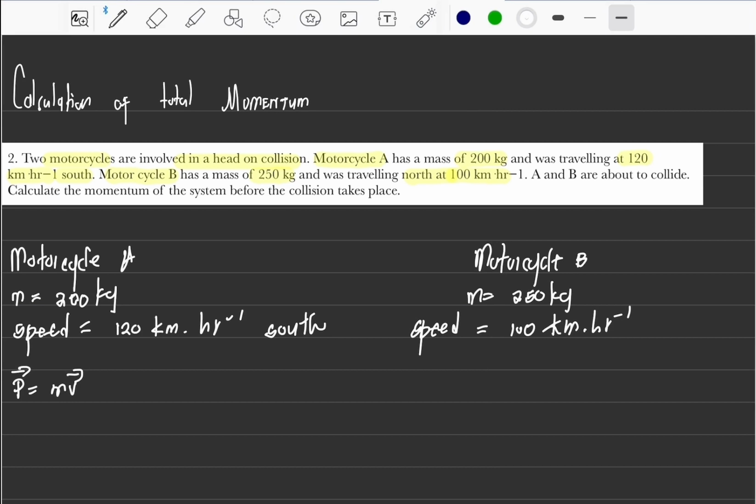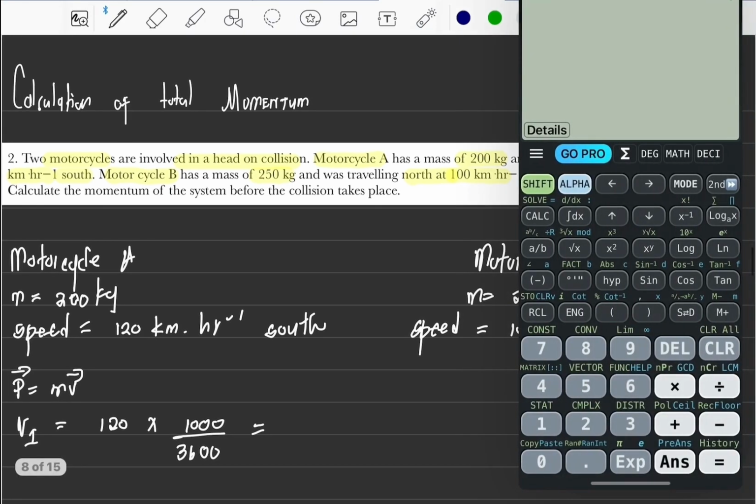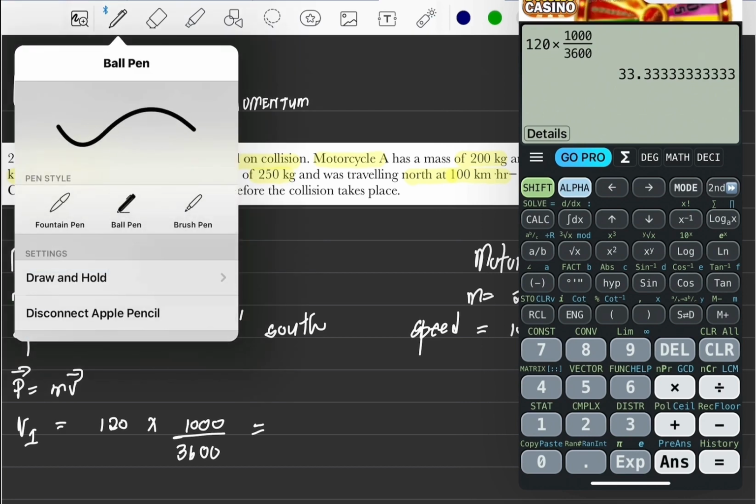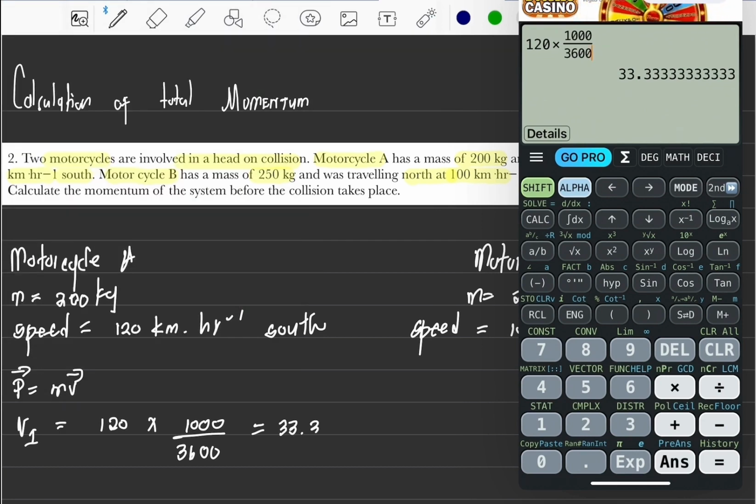For motorcycle A, we are going to take its 120 kilometers per hour, which is speed, and find velocity. Let me say it's V1. V1 is equal to 120 multiplied by 1,000 over 3,600, which, using our calculator, is equal to 33.33 meters per second.